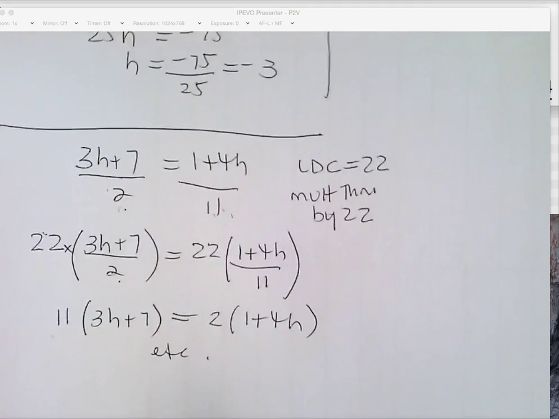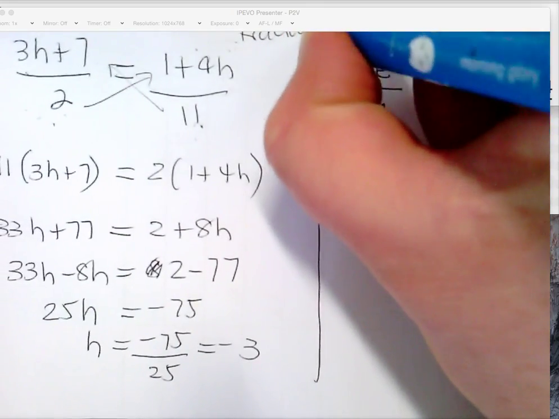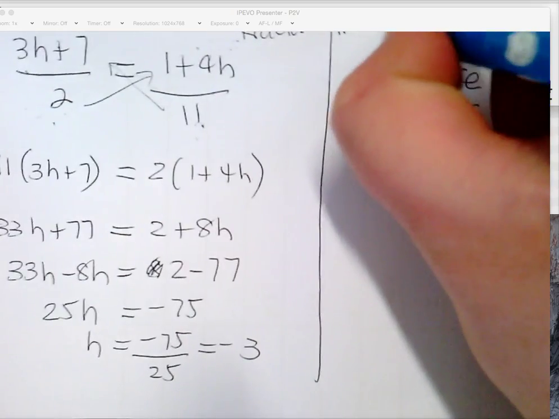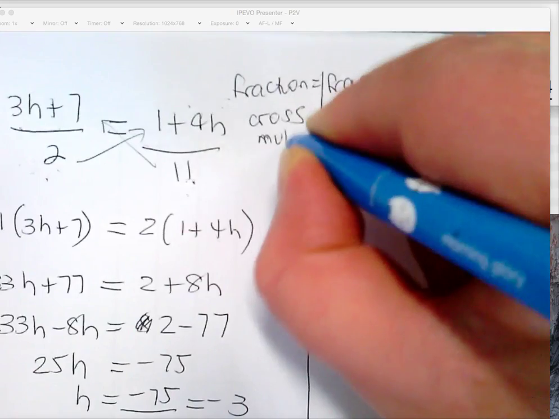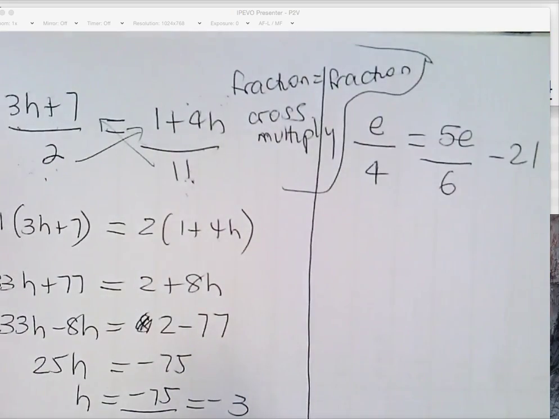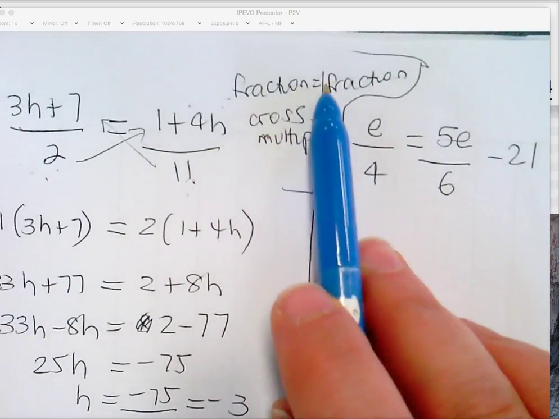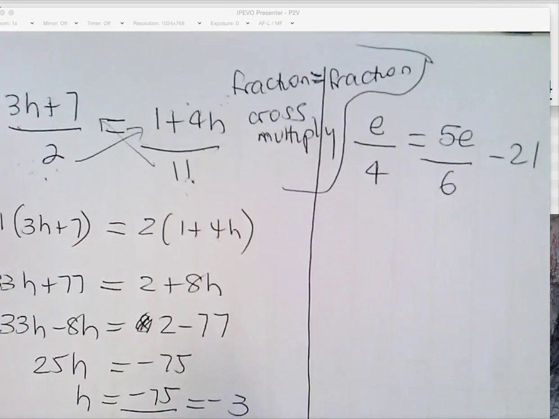Right, so this, your little note here is fraction equals fraction. So therefore you can cross multiply if you want. You don't have to. So with this one, fraction equals fraction, you are allowed to cross multiply. The other one, no.